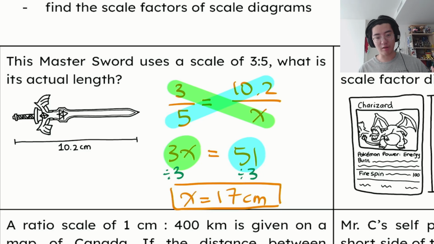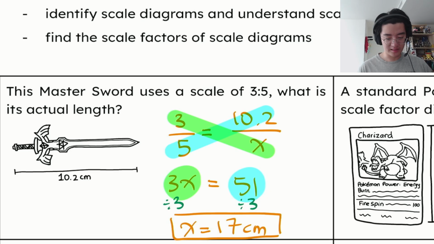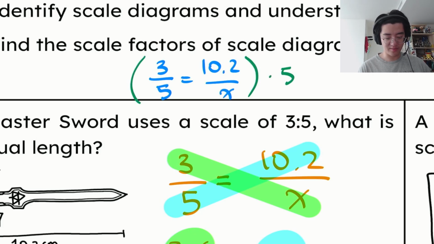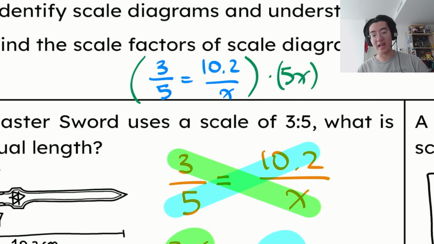The reason why cross multiplication works is that, alternatively, we can think of solving this as multiplying everything by 5x. Whenever we want to solve for an x, we do not like fractions, we want to get rid of them. So the lowest common denominator of the two is just 5x.